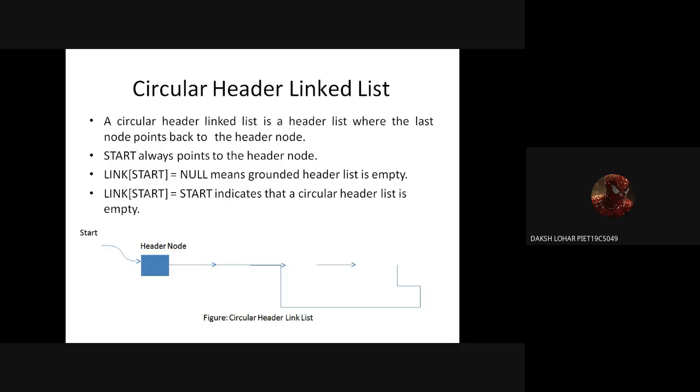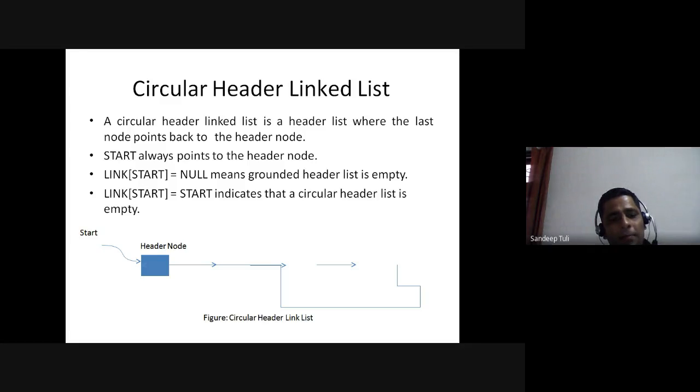Null. And start का link part start होगा इसका मतलब क्या होगा? Circular header linked list है वो. Is it okay? Because this header node is also actually start only. So start or header are the same. Okay? Need not be confused in that case. Any question?